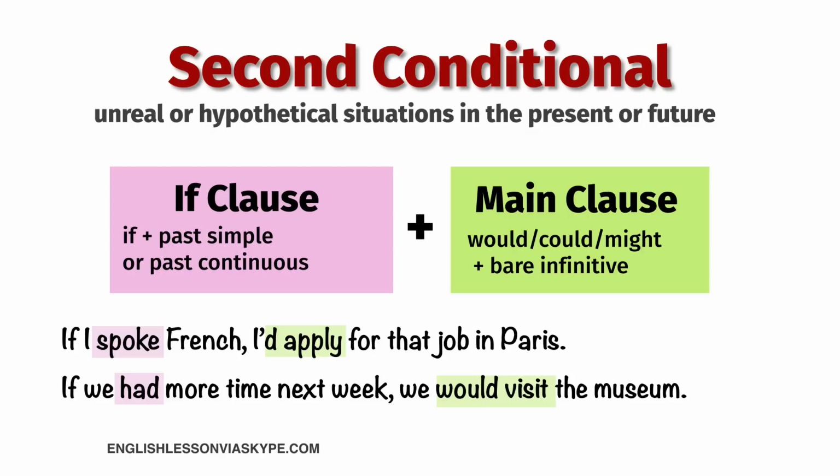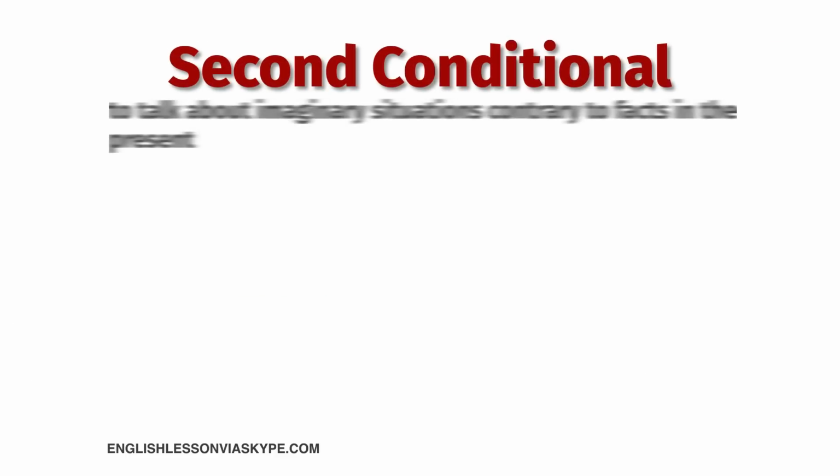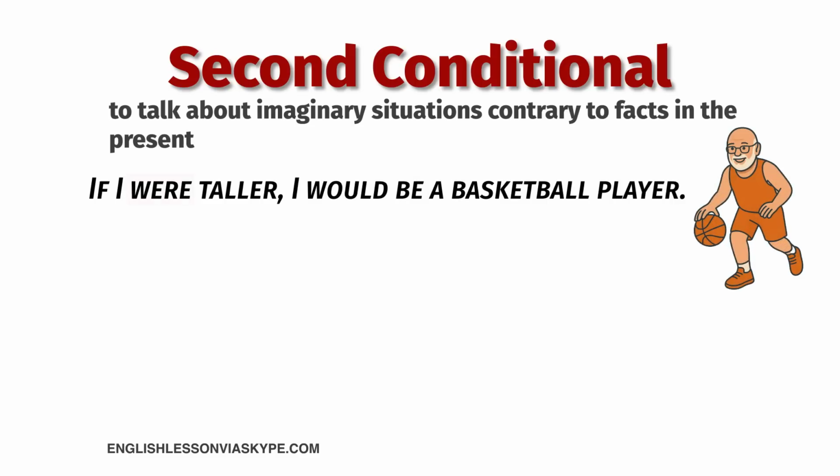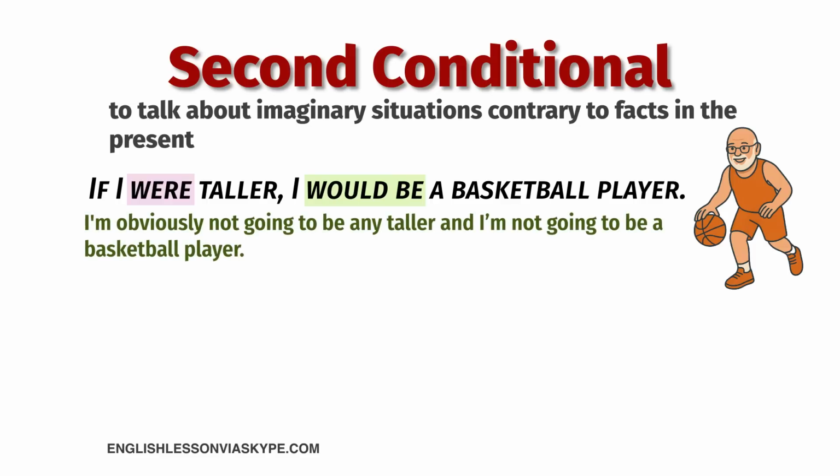Okay, so if you see will, it's not the second conditional. If you use will, you're making a mistake. So we use the second conditional, as I said, to talk about imaginary situations contrary to the present or the facts about the present. For example, if I were taller, I would be a basketball player. I'm obviously not going to be any taller. I'm obviously not going to be a basketball player.